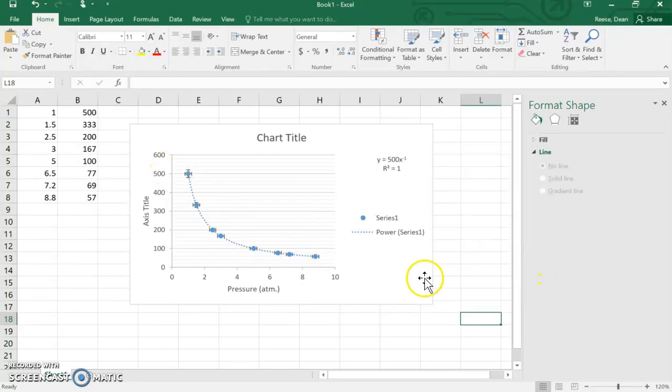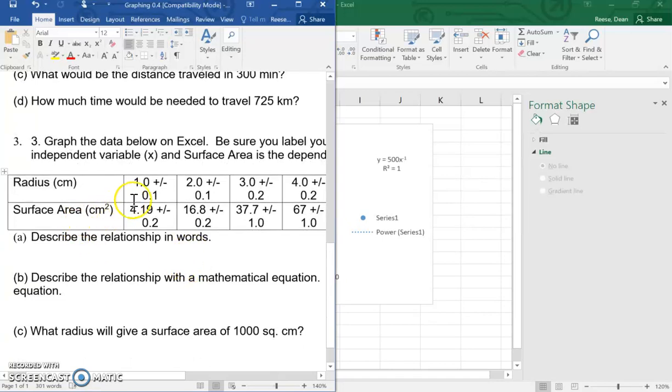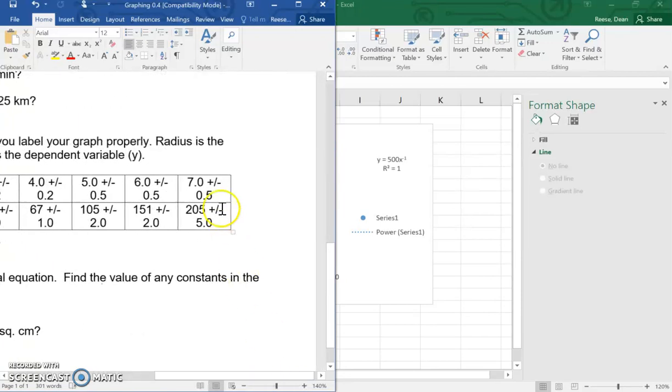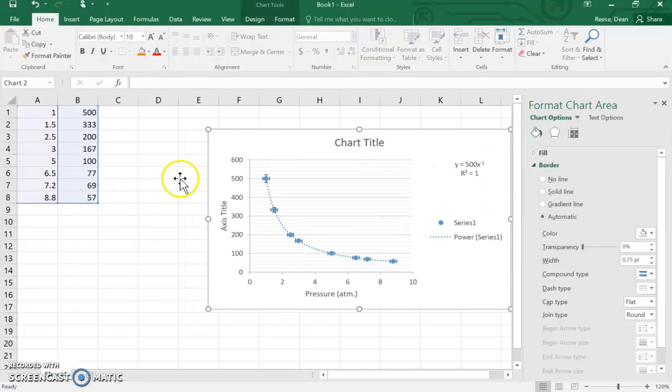You can actually customize these error bars. On the last one, you probably noticed that the error bars keep changing. Here it's 0.1, 0.1, and then it goes 0.2, 0.2, and then it goes 0.5, 0.5, 0.5. How do you deal with something like that? Well, that's going to happen in the lab.